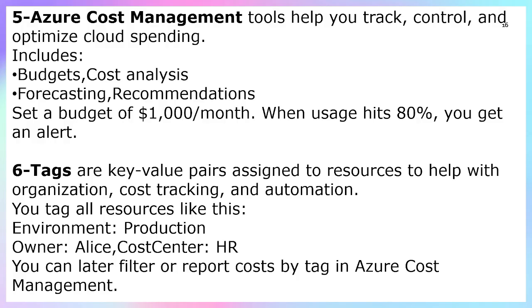Because if you have an average cost for each resource, and anyone comes and uses your resource without your permission and misuses it, then you will be able to catch it because you applied the alert. By this we can maintain Azure cost management.